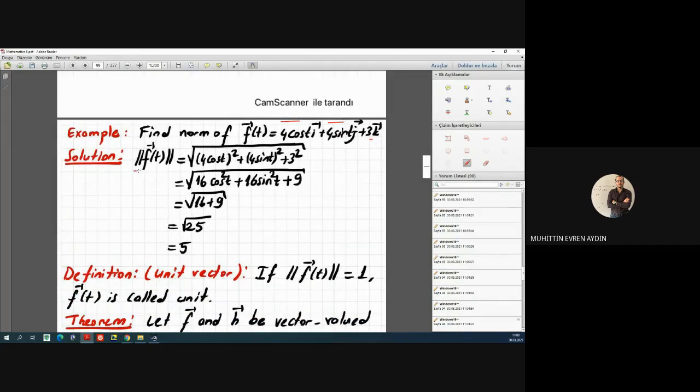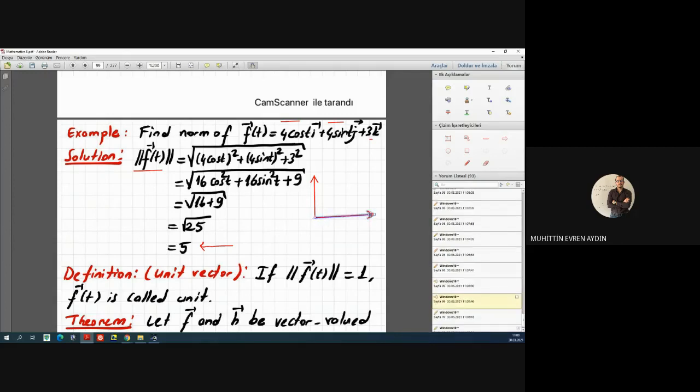And the norm of this vector valued function is equal to 5, which means that every vector, at any point t, the vector f(t) has a length 5.